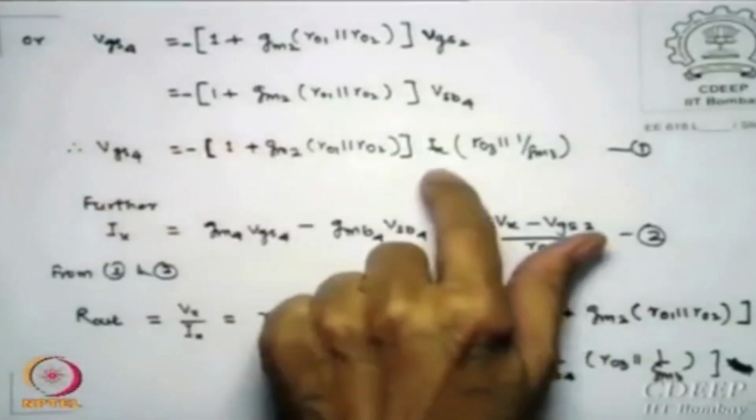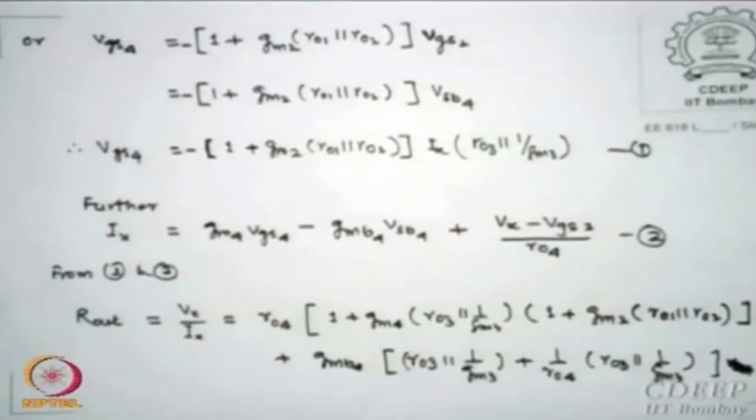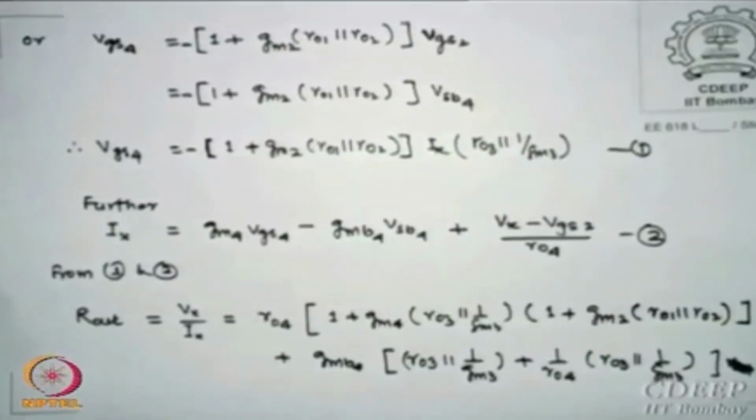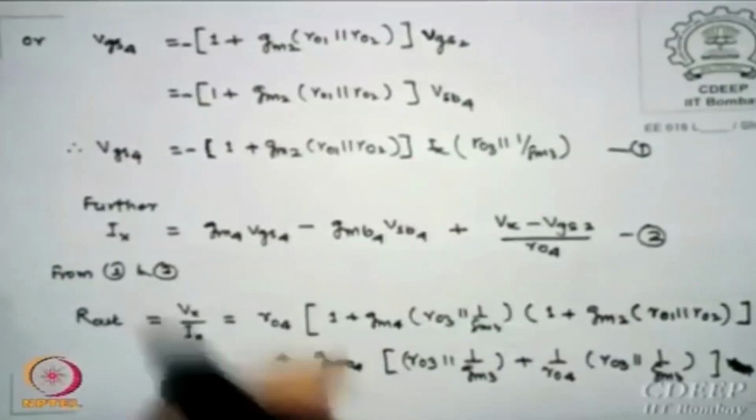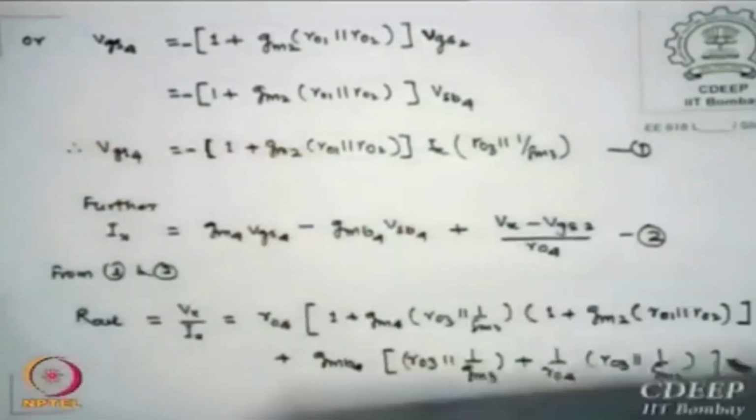So I get VGS4 equal to minus (1 plus gm2 ro1 parallel ro2) into Ix (ro3 parallel 1 upon gm3), is that okay? So one equation I figured out in which VGS4 is related to this. If you look at the circuit once again, please write this down, we will come back to the circuit. Only up to equation 1 you check and then I will draw the circuit. Everyone wrote down this equation?